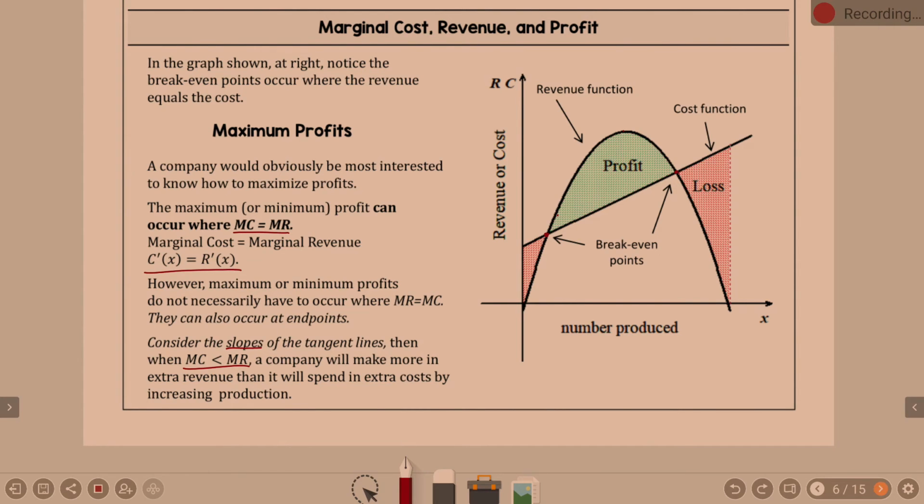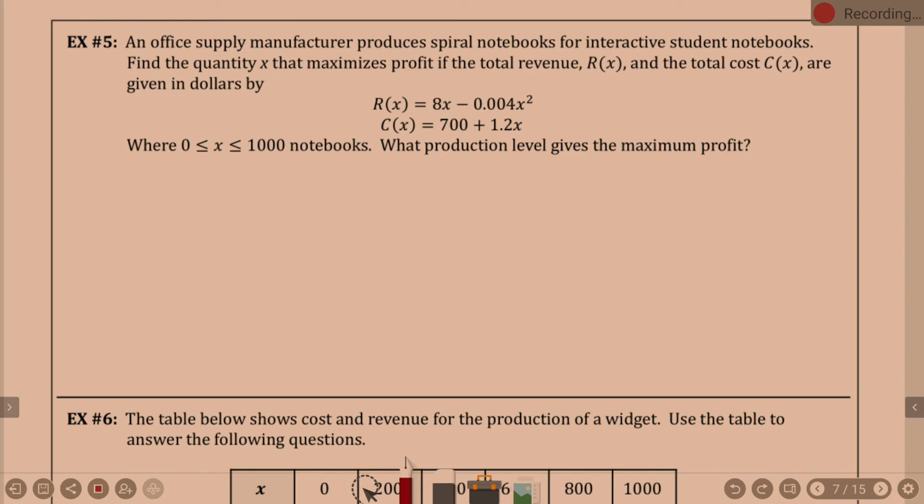An office supply manufacturer produces spiral notebooks for interactive student notebooks. Find the quantity X that maximizes profit if the total revenue R of X and the total cost C of X are given in dollars by these equations. When X is between 0 and 1,000 notebooks, what production level gives the maximum profit?